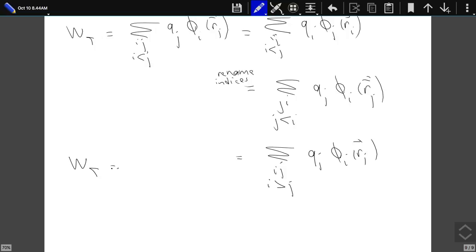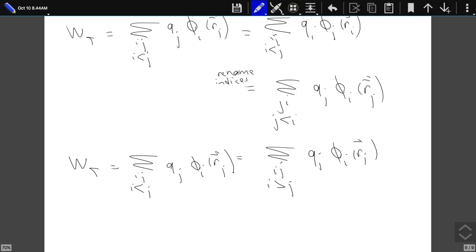But you see, the total work done is the sum over i, j, i less than j, or the sum over i, j, i larger than j. Well, I can add the two terms and divide by 2. If I add the two summations and divide by 2, I get the same thing.